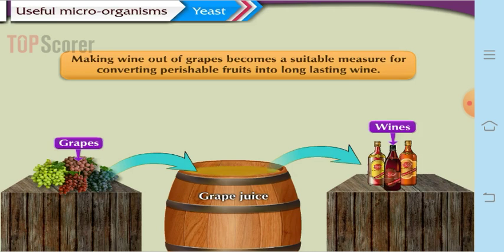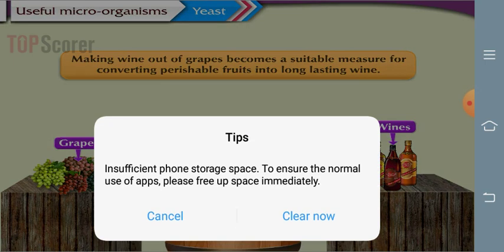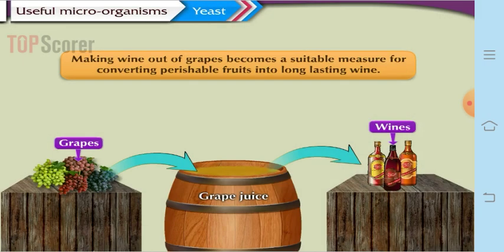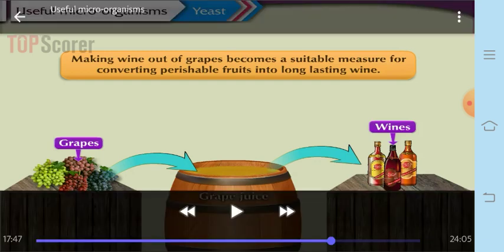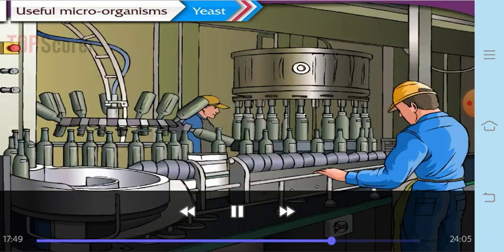It also has many antioxidant properties. So wine is very useful, and wine is prepared from grapes, and grape juice is fermented with the help of yeast. So you see, yeast is so useful. Fine. So remember about yeast. Next, let us continue further.